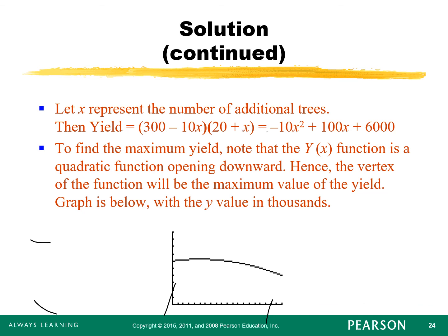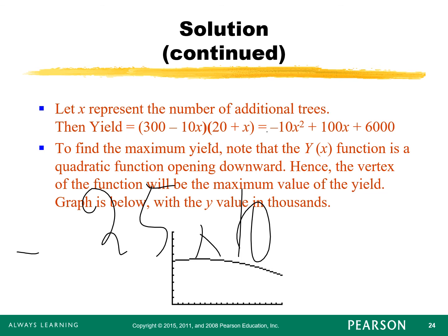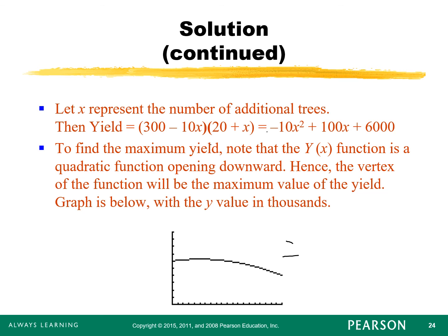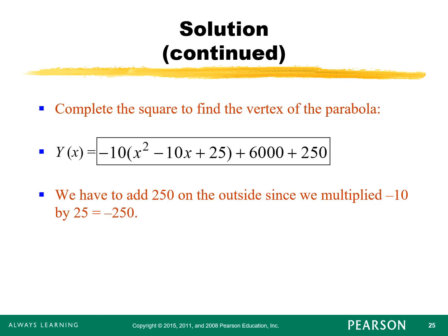Why did we add 250 here? Just because if we multiplied 25 by 10, we will have 250. So then we said that it means that we didn't do anything. And this is the form that we'll get.